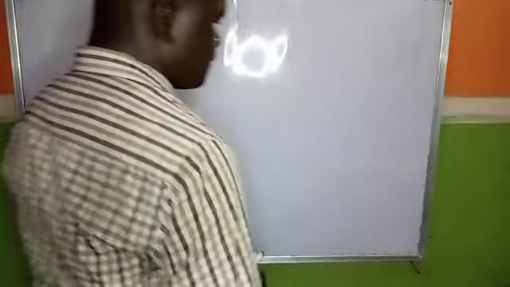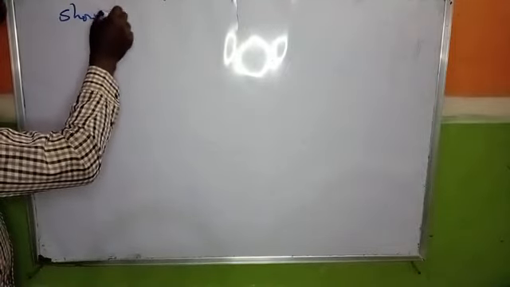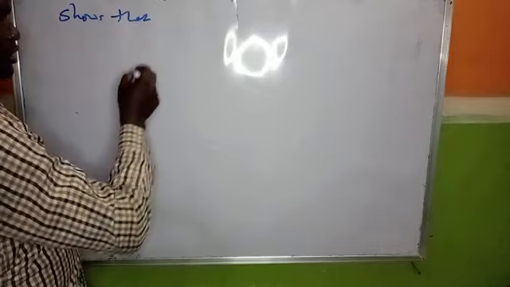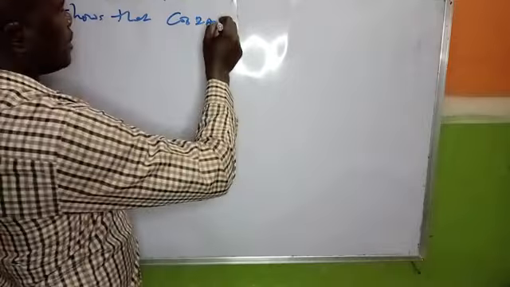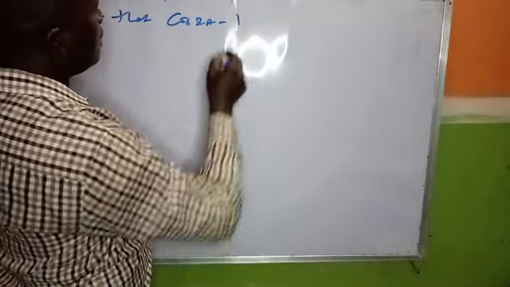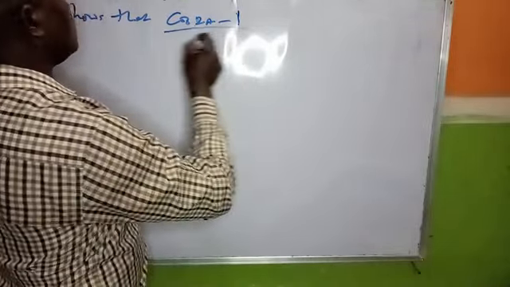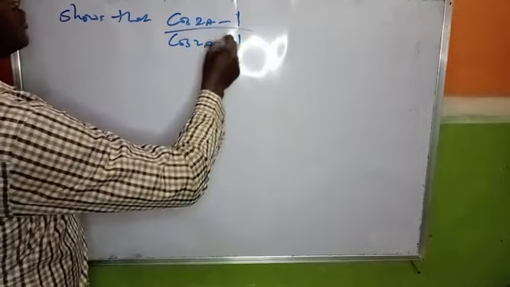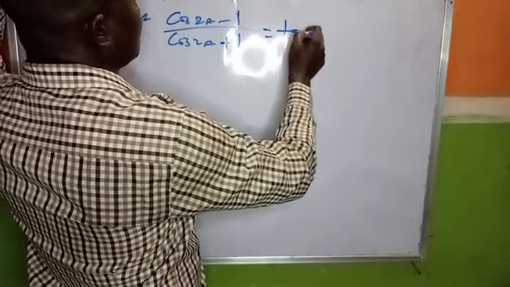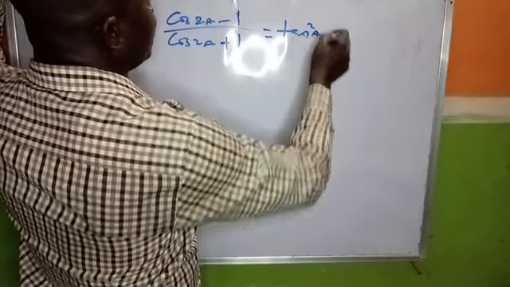Now look at this. You have to prove, you have to show that cos 2a minus 1 over cos 2a plus 1 equal to tan square a.